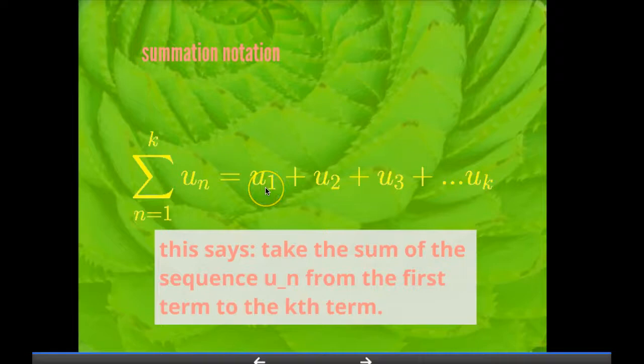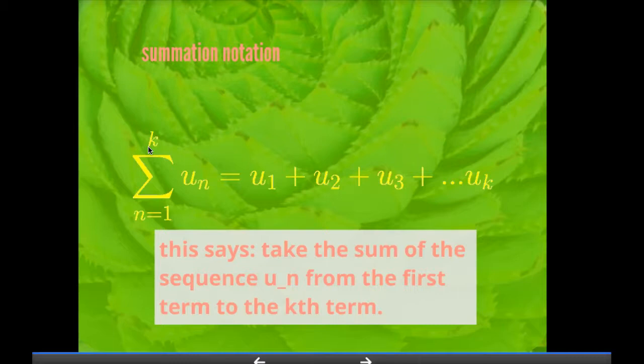So I'm adding together the first term plus the second term plus the third term plus the fourth term plus the fifth term until I get to whatever k is. And k is some variable. It'll always be a number, so you know what number you're ending at.